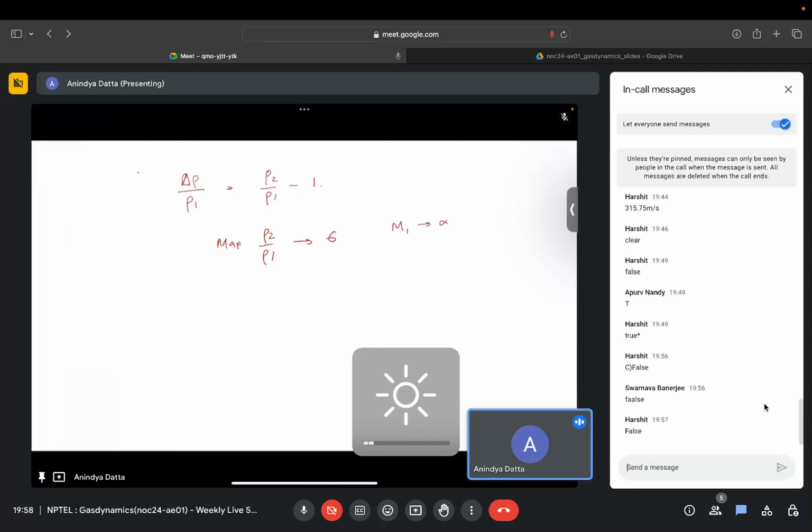So what will be the actual value then? Delta rho by rho 1 will actually be equal to 500%, right? So this is false.